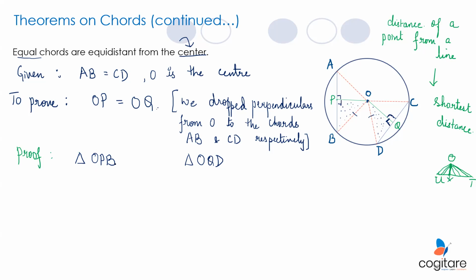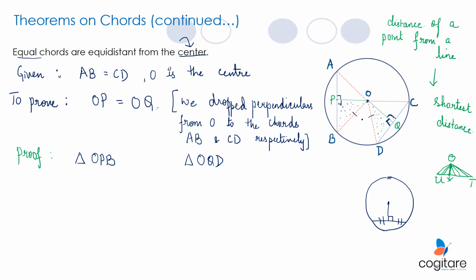What are we left with? Now, please connect the dots. In the previous class or the previous video, we looked at the fact that when we drop a perpendicular from the center of the circle to a chord, it bisects the chord.